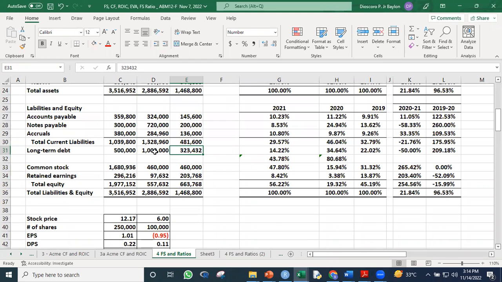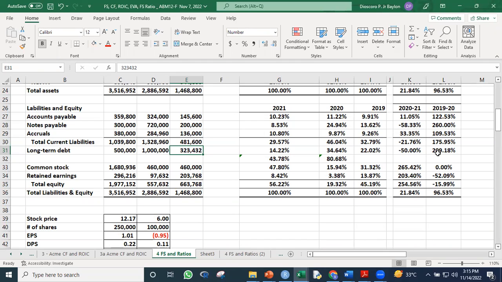So, ang laki ng jump ng liabilities, no? All right? So, liabilities increased by yung current nag-increase ng around 175% or 1.8 times. Si long-term debt nag-increase ng 2.1 times.